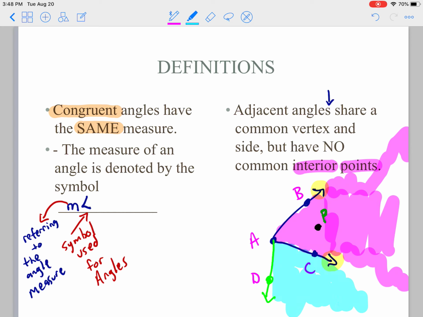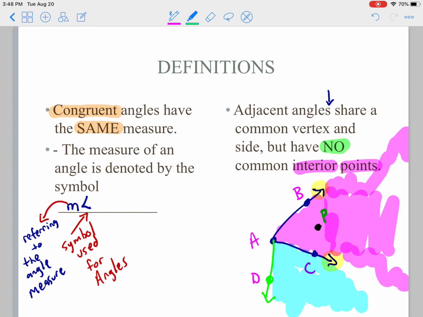So the interior of the blue angle, notice that it does not overlap the interior of the pink. Okay? They have no common interior points. They don't overlap.